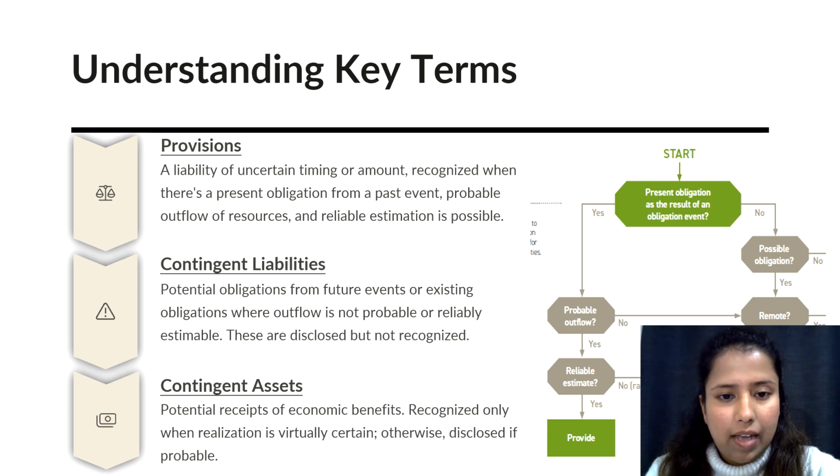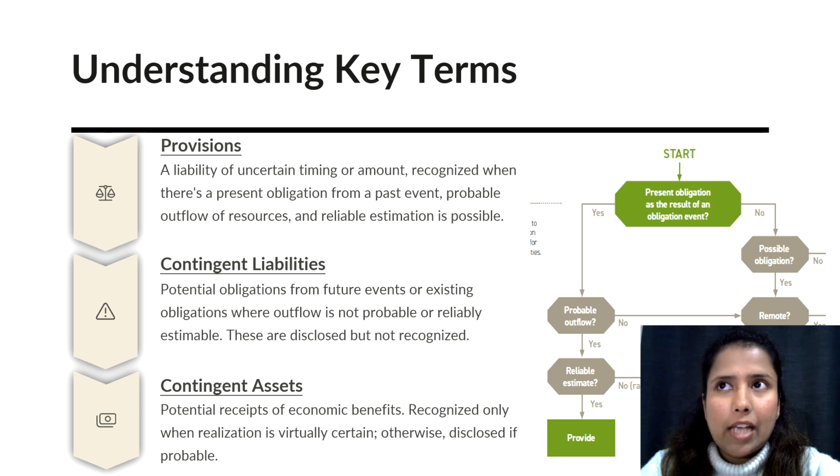Next are contingent liabilities. Contingent liabilities are potential or existing obligations that depend on uncertain future events. They are disclosed but not recognized unless the outflow becomes probable and measurable.